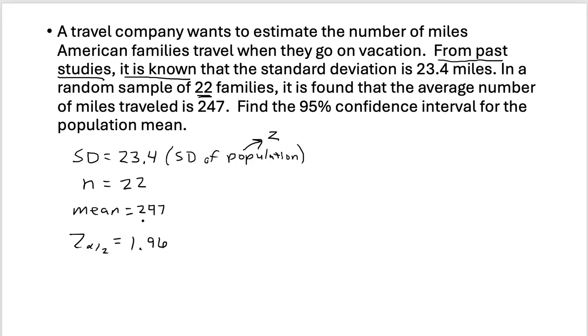Okay, so once we do that, then I'm going to go ahead and just plug into my formula. Remember that the formula looks like this. Okay, and then it's the same thing on the other side, but it has a plus sign instead.